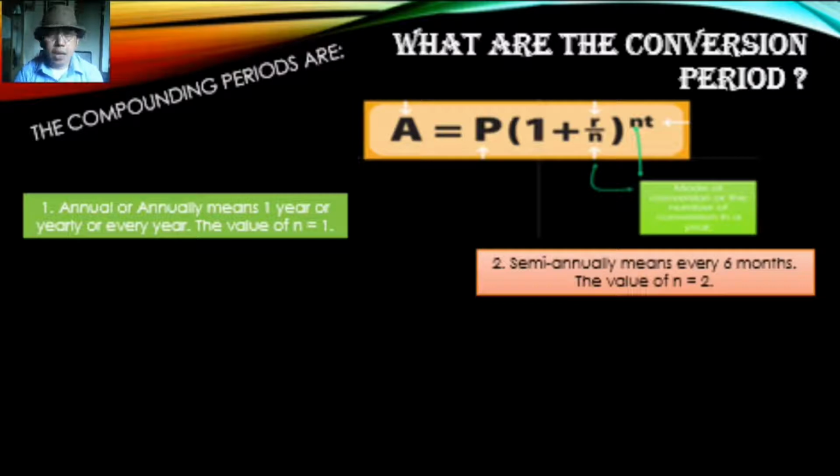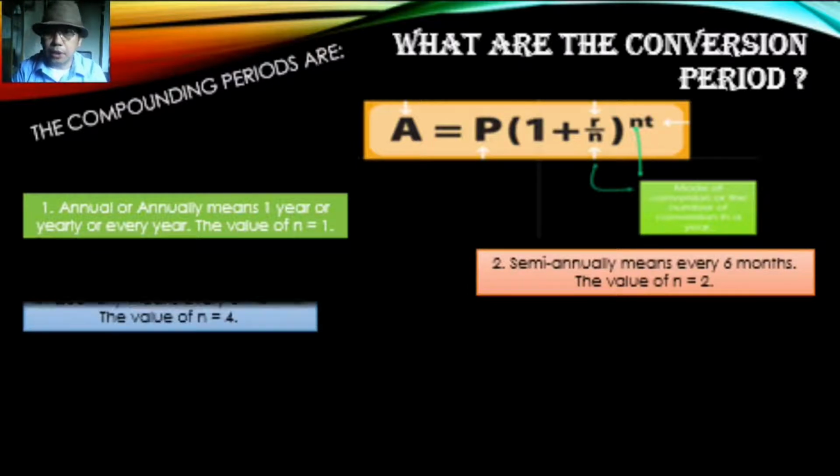This means that we have to count every 6 months. Okay? So every 6 months. When we say semi-annually, the value of n is 2, meaning to say there are 2 applications of the periodical rate in a year.